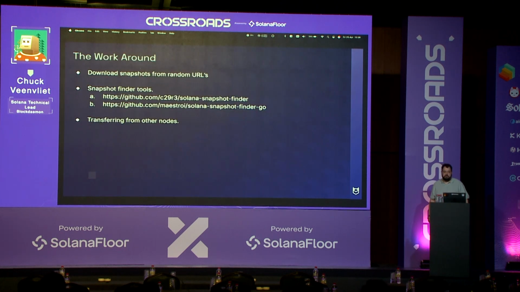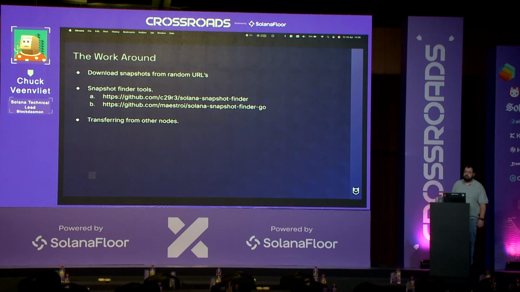The workaround. So people had the same problem for a long time, right? And basically what the official documentation says is, well, you just download a file from a source you think is trustworthy with wget or curl or something. So hopefully that works. And then other people are like, I want to automate that a little bit.